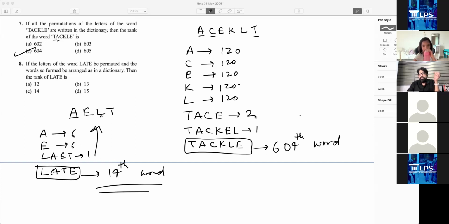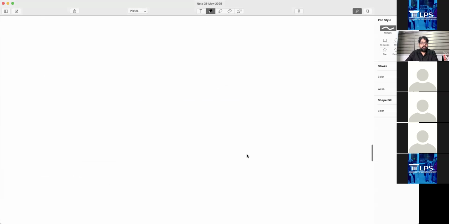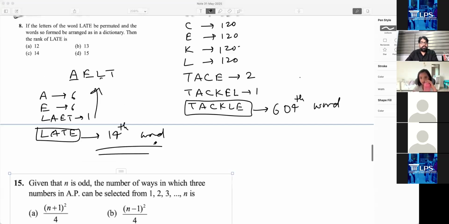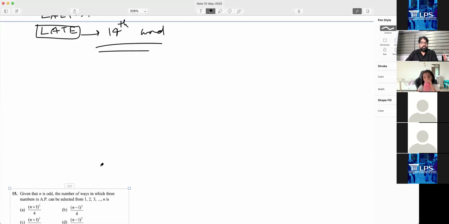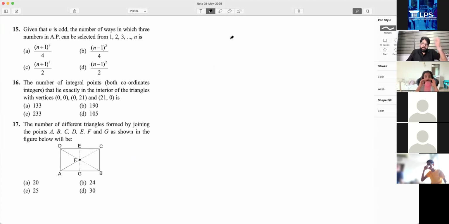Now let's go ahead with questions based on selection. Always remember, selecting r objects from n different objects will be nCr, which some books also write this way, with this symbol.